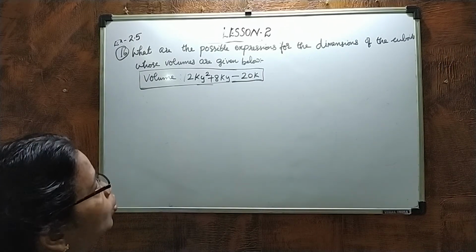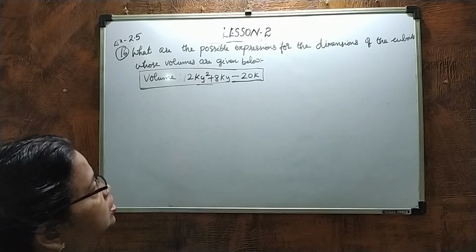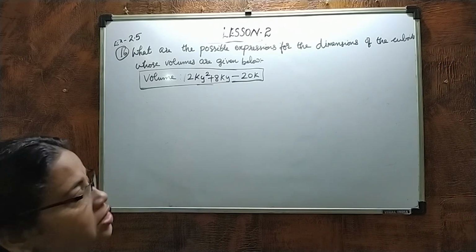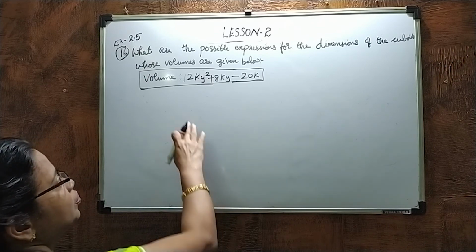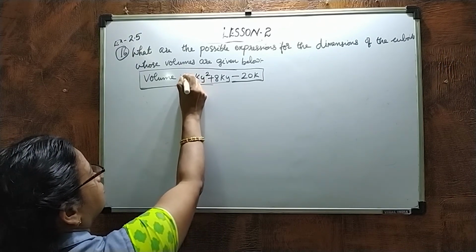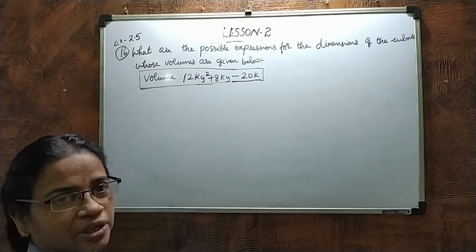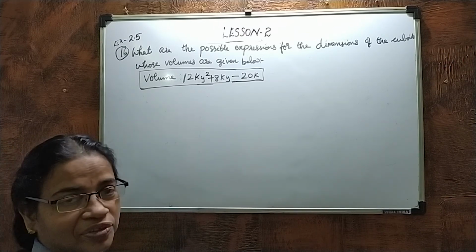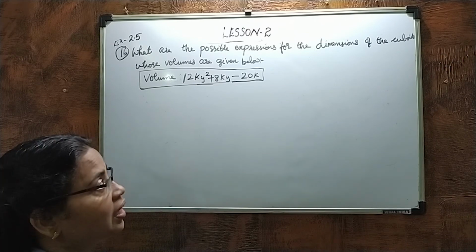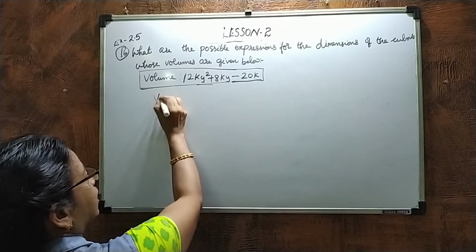16th question. What are the possible expressions for the dimensions of the cuboid whose volumes are given below? And the volume is 12ky square plus 8ky minus 20k. So they have given you the volume of the cuboid, and you have to find out length, breadth and height.